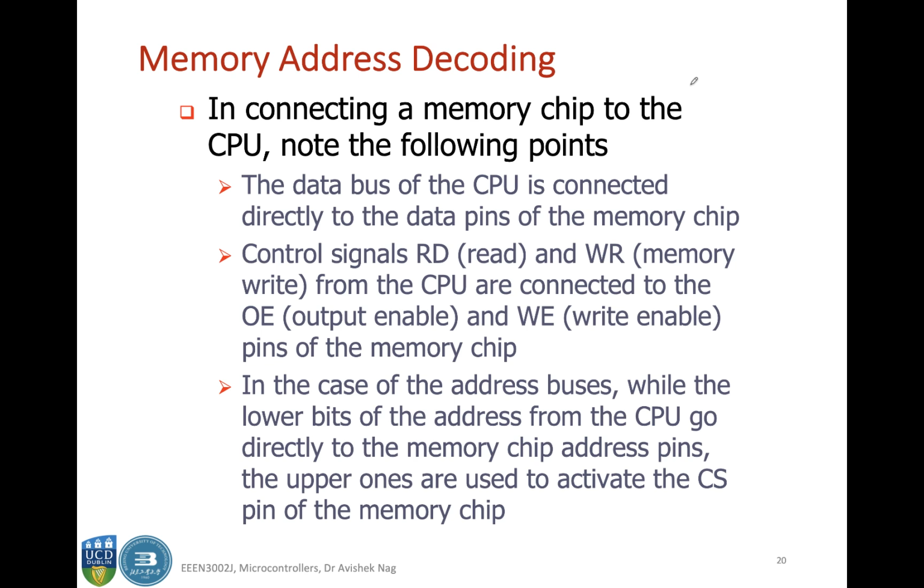In the case of the address bus, the lower bits of the address from the CPU go directly to the memory chip address pins, while the upper ones are used to activate the CS pin of the memory chip.